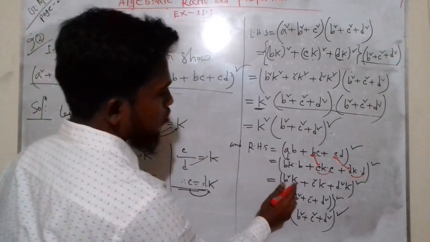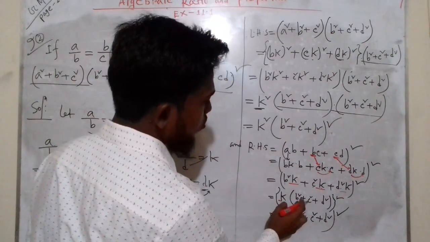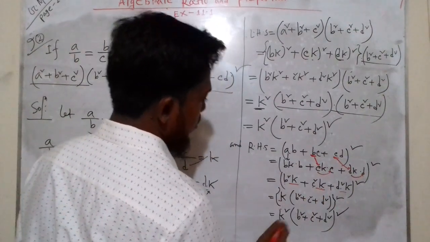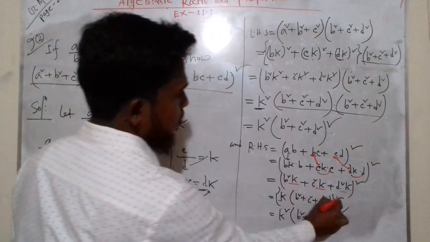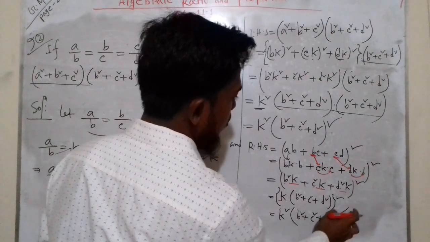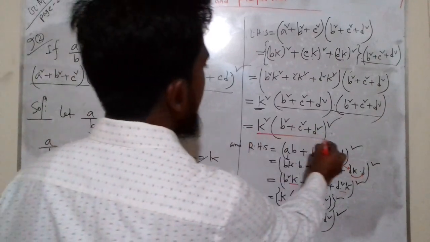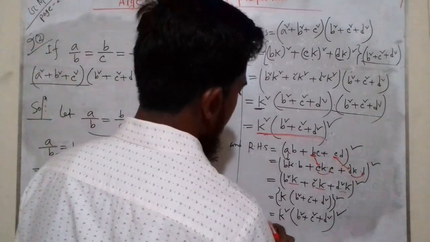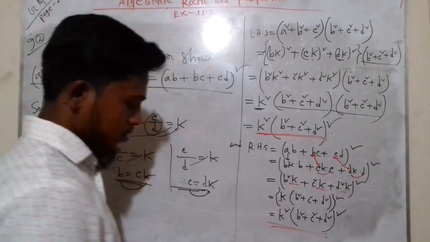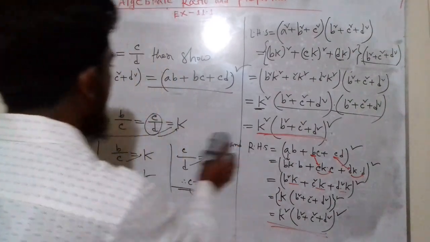Now we take common k in each portion. So k into (b^2 + c^2 + d^2) whole square, that means k^2 (b^2 + c^2 + d^2)^2. So we can see that the left hand side and right hand side are same. So left hand side equals right hand side.